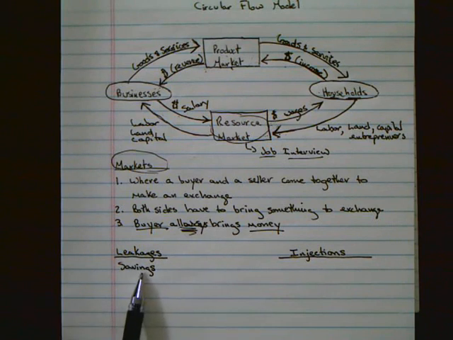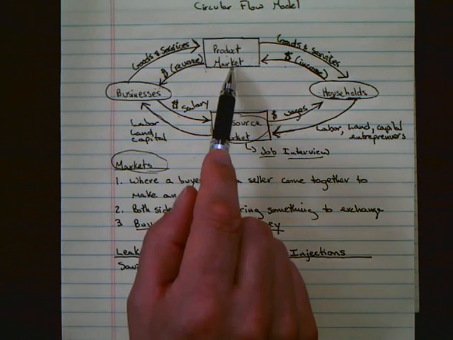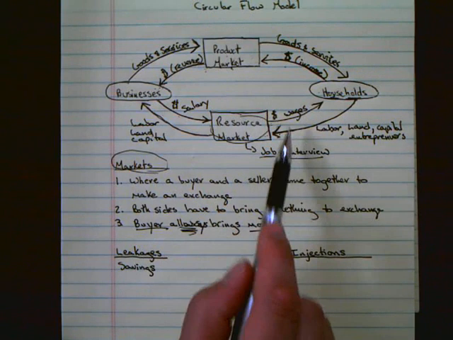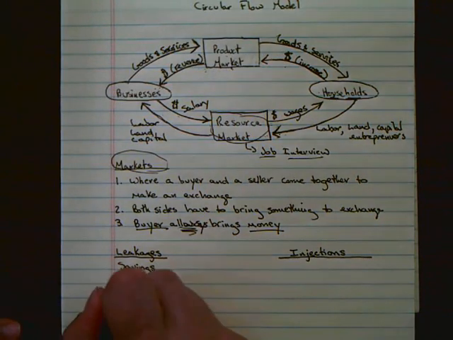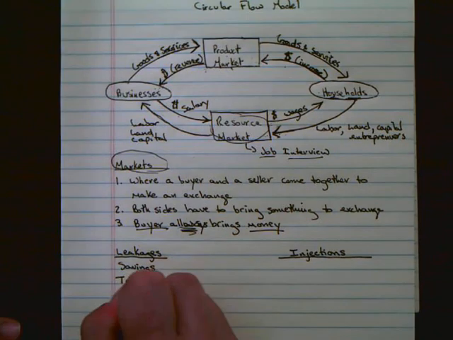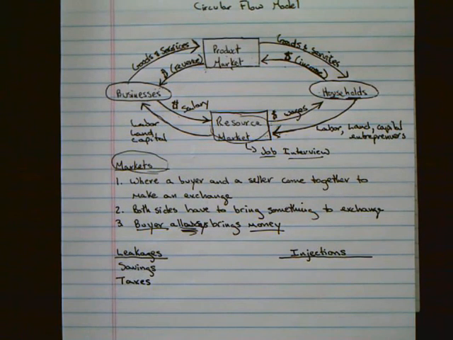Now, we do save a lot. I'm not saying saving money is a bad thing. But if we save so much money, a lot more than is being spent, that can end up causing trouble. So savings is a leakage. Savings is one reason why you're not putting money back into that product market after you get paid your wage. Okay? So savings is a leakage.